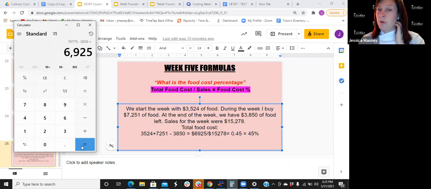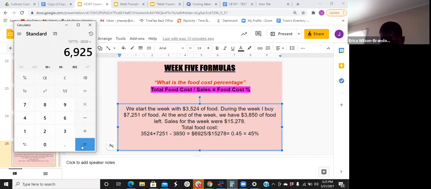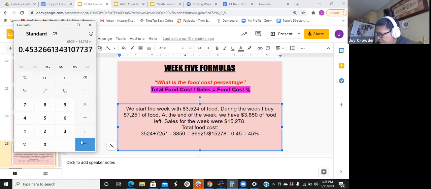Now to get your total food cost percentage, you would take this number and you divide it by your sales, or your total sales for the week. Divided by 15,278.